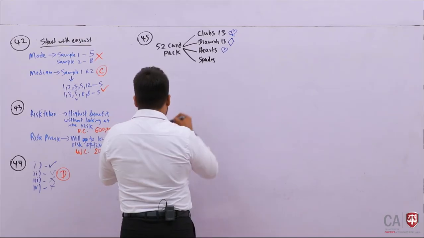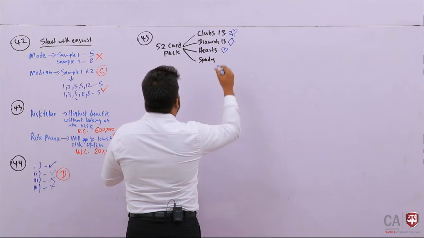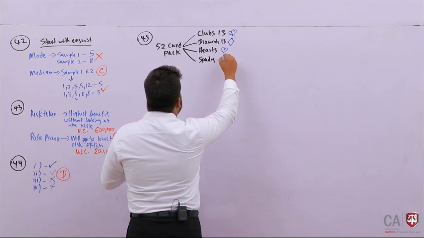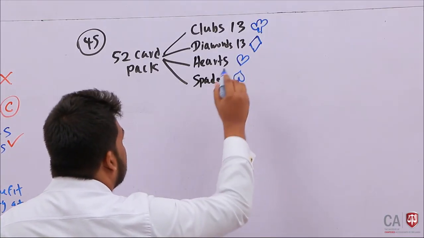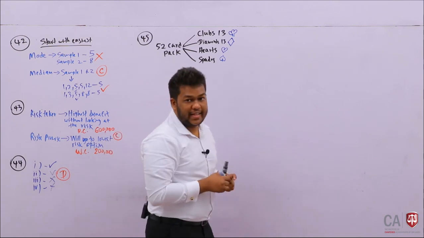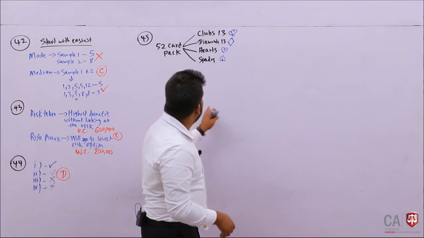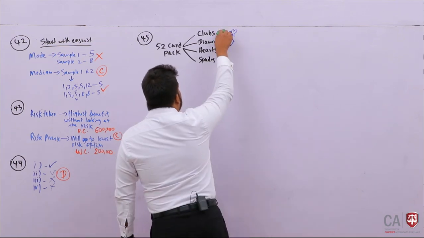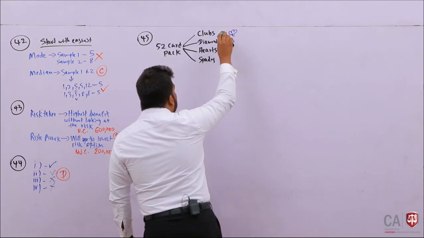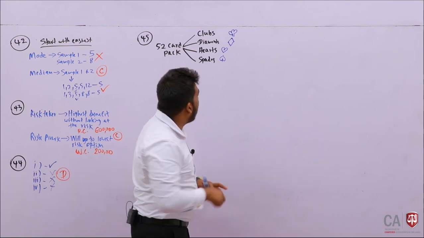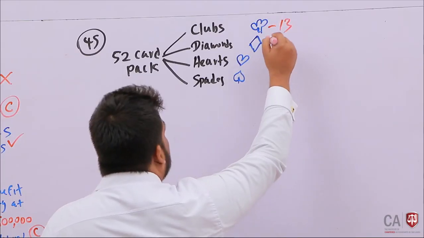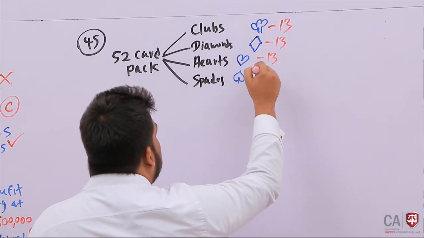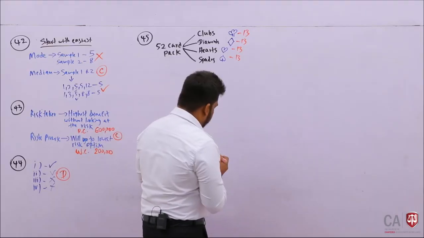We tell it Bokole. So you will have 13 cards each from these in a 52 card pack.